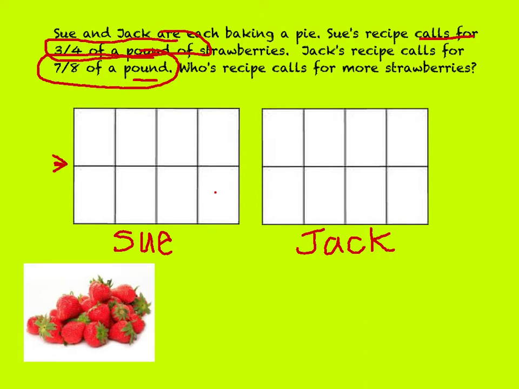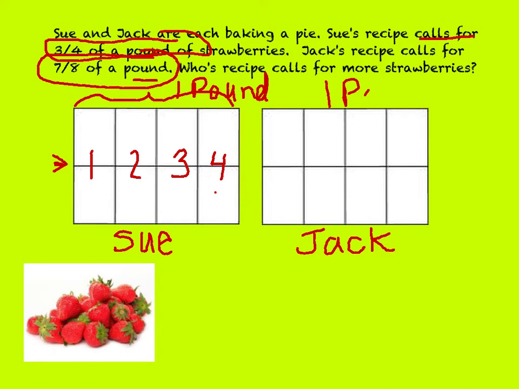And that means I'm going to count this whole up and down section as 1. This will be 2. This will be 3. This will be 4. And this whole thing represents what? 1 pound. Okay, we can't forget about that. So that whole represents 1 pound. This whole also represents 1 pound.